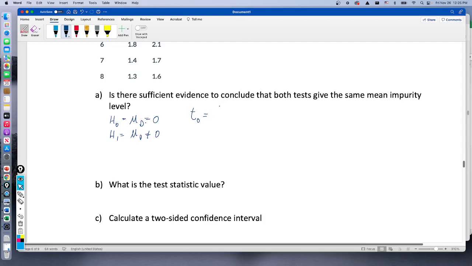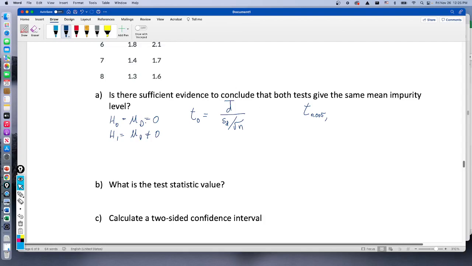The test statistic we're going to look at is a paired t-test, so t naught is equal to the mean of the differences divided by the standard deviation divided by the square root of n. Since we are doing a two-sided 99% confidence level, with alpha of 0.01, we're looking at alpha over 2 of 0.005, and there are 8 specimens.